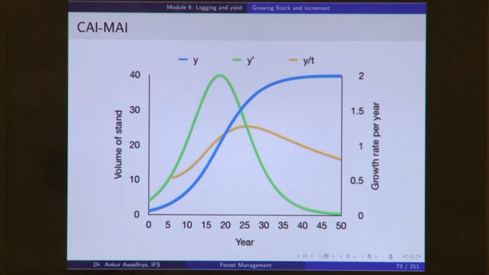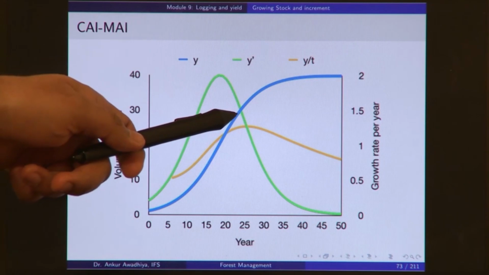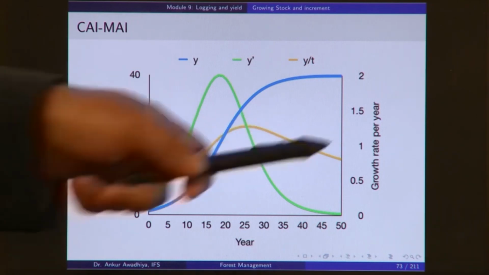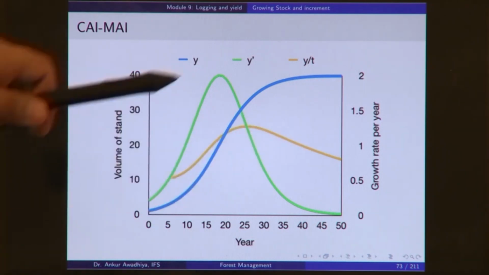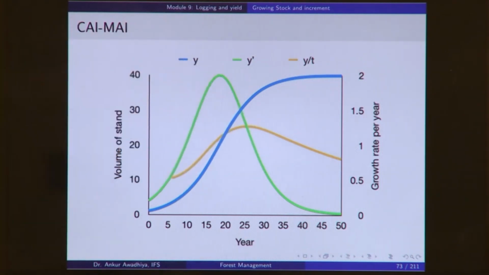So, with every passing year you are adding less to the growing stock as compared to what you were adding earlier, but the denominator, which is the number of years, is going on increasing. So, the MAI will reach a maximum, and after this point it will start to decrease. So, the point where the CAI and the MAI curves cut each other is the point where you have the maximum MAI.